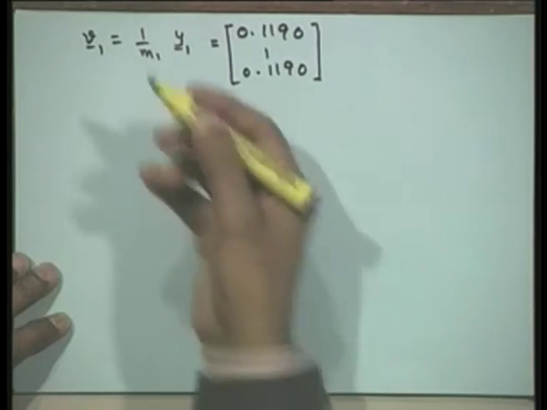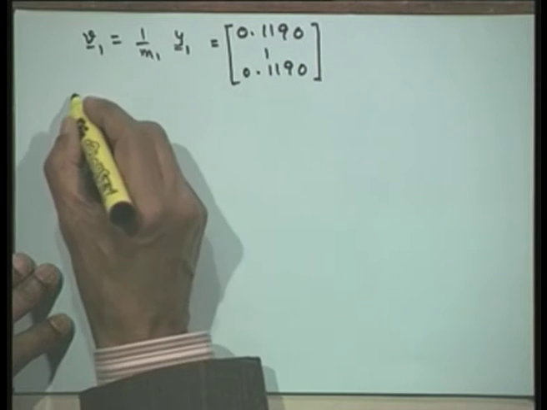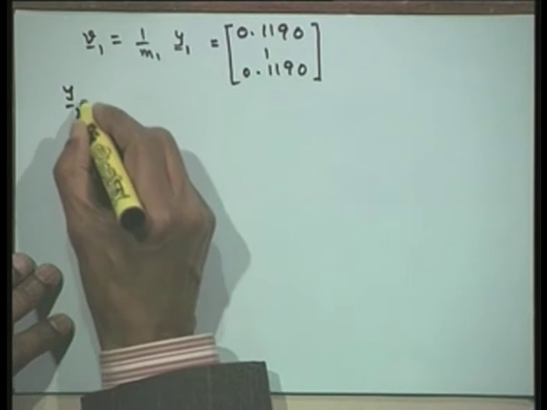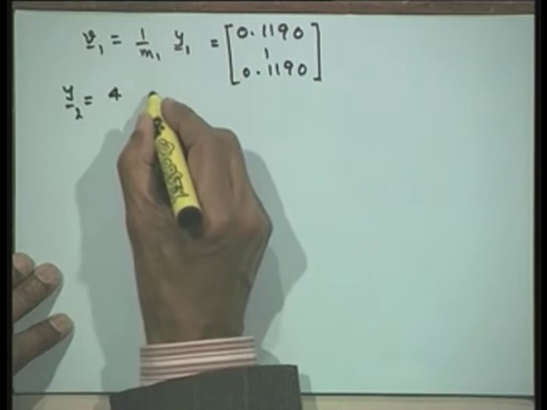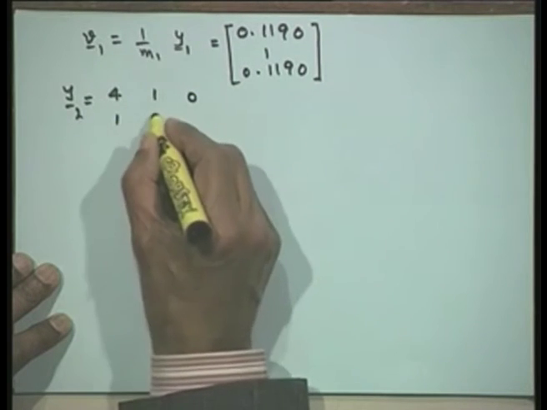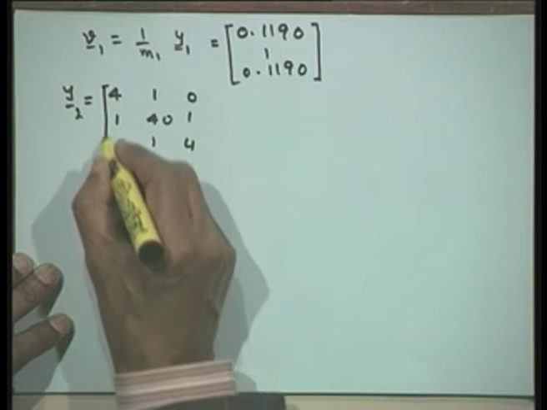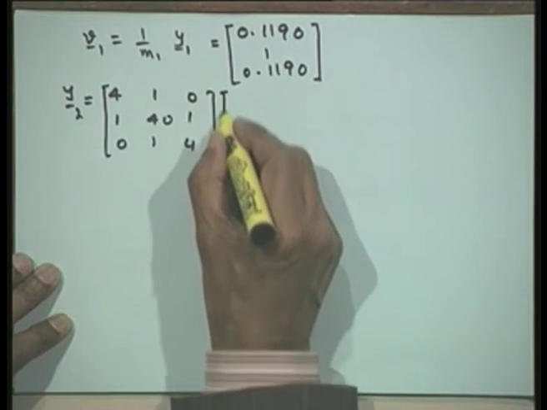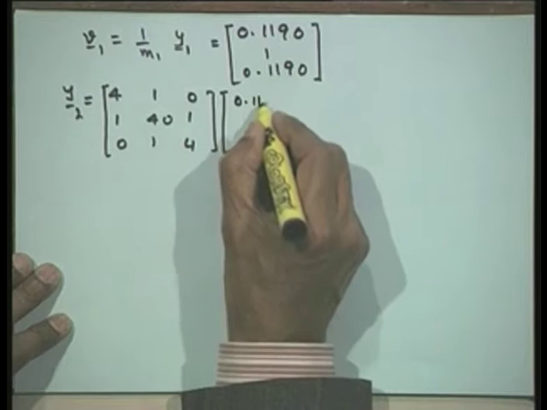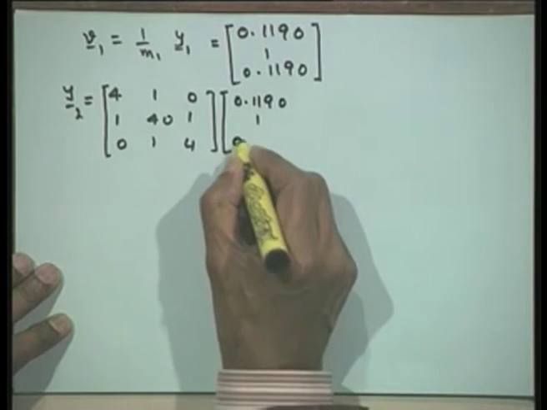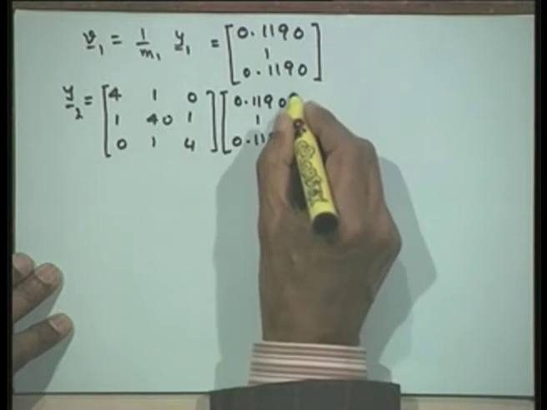Now, we go to the next iteration. The first iteration is over, the second iteration will give us y 2 equal to A V 1, the matrix 4 1 0, 1 4 1, 0 1 4 into the vector 0.1190, 1, 0.1190.